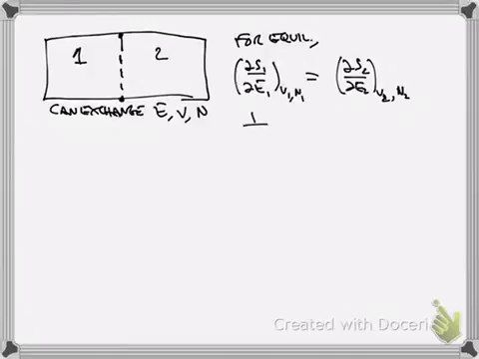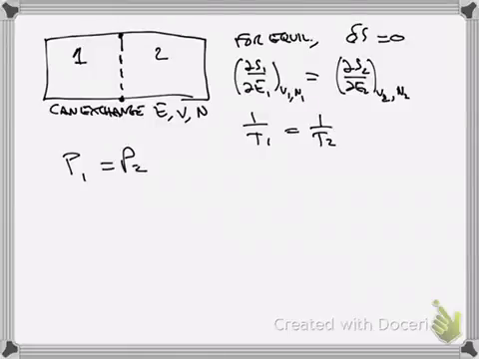So that's just, again, 1 over T1 has to equal 1 over T2. This is all derived, again, assuming delta S equals 0, right? But now we're not going to just worry about energy. We can do the same thing with volume, and we're going to find basically that P1 has to equal P2.